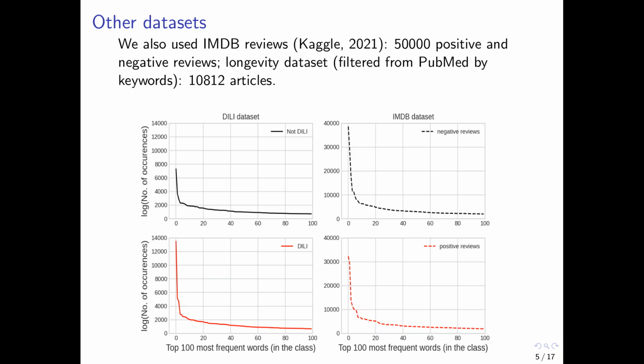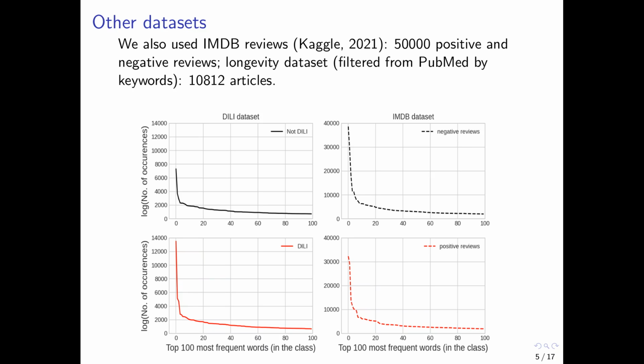And for better analysis of our models, we tested them on other datasets. IMDB reviews dataset consisting of 25,000 positive and the same amount of negative reviews. We used this dataset primarily to test how our methods perform on balanced datasets.